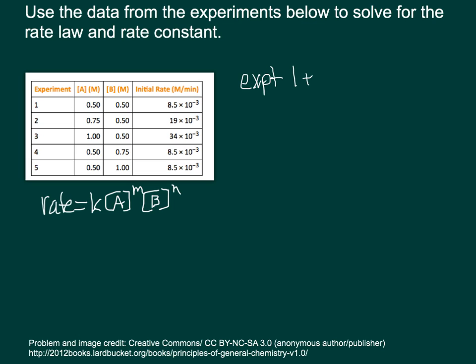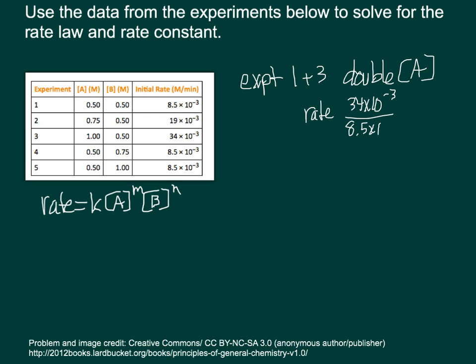Well, when we double the concentration of A, the rate goes, I'm going to put the second one over the first here, so 34 times 10 to the negative third over 8.5 times 10 to the negative third, and that's going to be equal to 4. So when I double A, the rate is 4 times higher.